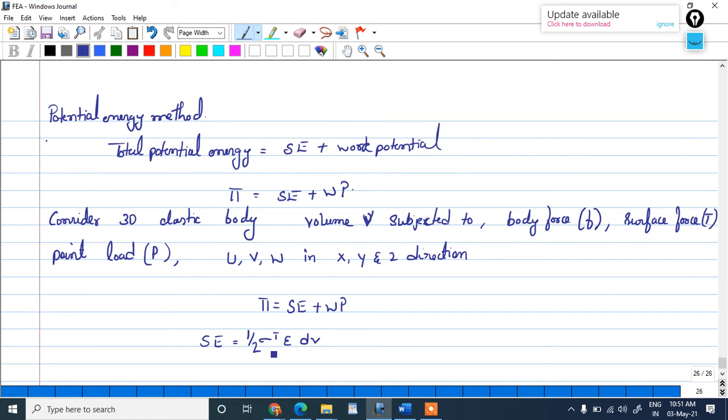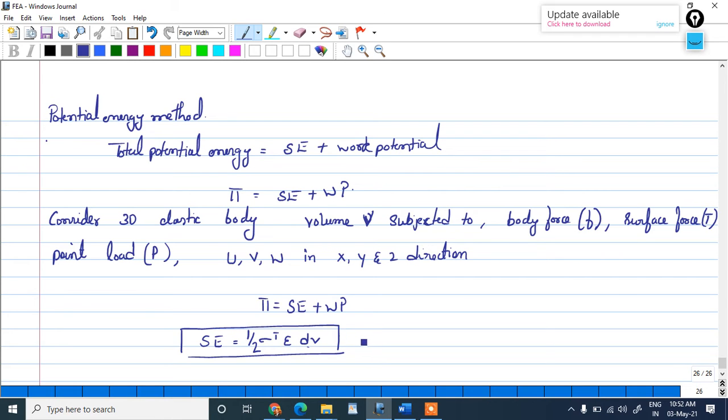This is the formula for the strain energy over volume V. For a small element of volume dV, the strain energy is SE equal to half sigma transpose epsilon dV.